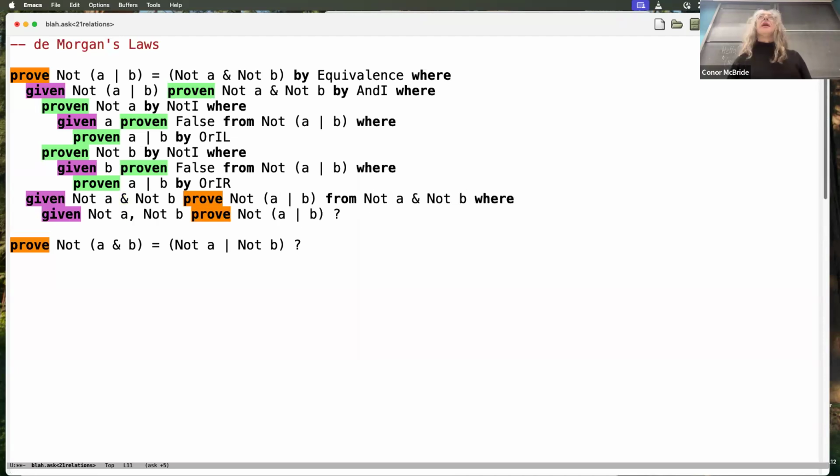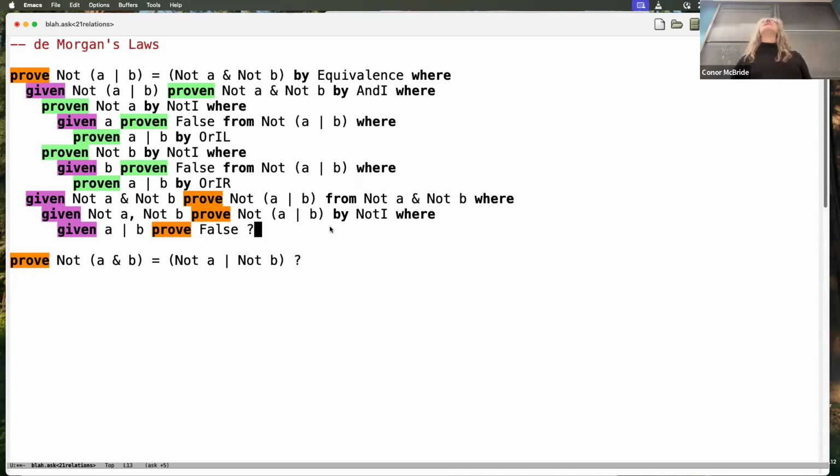So that's just saying split the and up. Now we've been given the two things separately. So we know we can disprove A and we know we can disprove B. So let's prove neither A nor B. We're being asked for a not, so we'll do not introduction. And that gives us A or B.